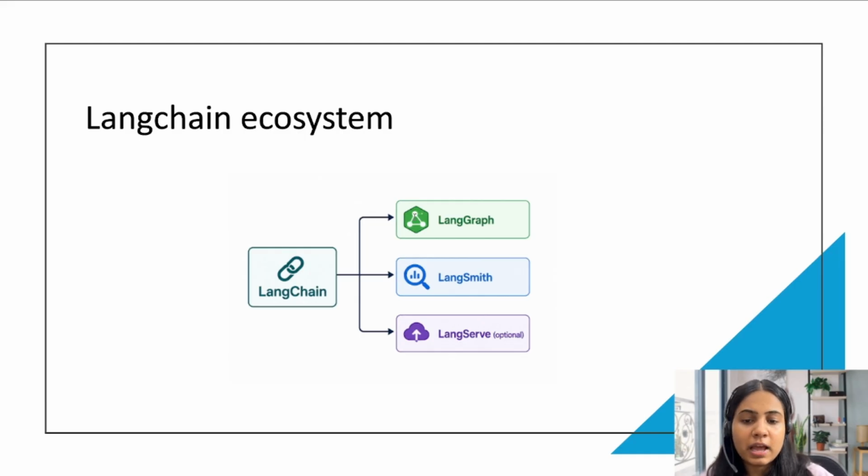LangGraph is used to build stateful AI agents and multi-agent workflows. LangSmith is used for debugging, tracing, testing, and monitoring LangChain applications. LangServe is used for deploying LangChain applications, just like how we deploy a REST API. This is also an optional part.